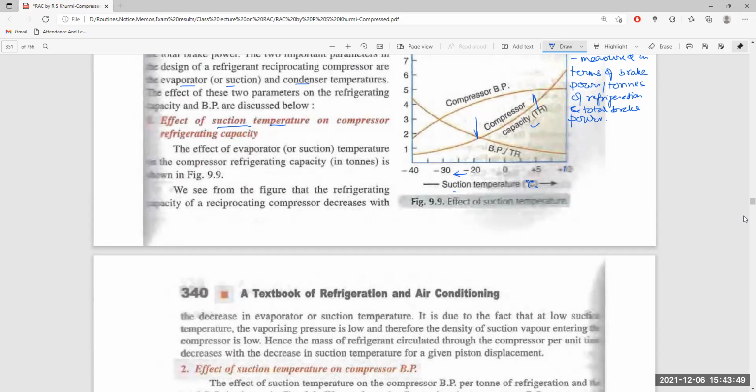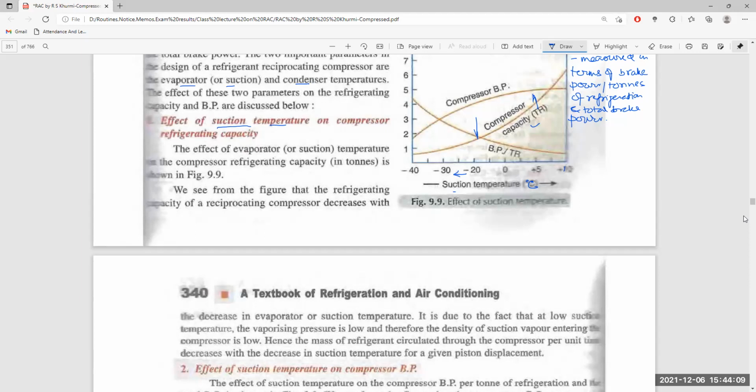Low suction temperature means low suction pressure or vaporizing pressure, and so the density of suction vapor entering the compressor is low. The volume remains the same, the pressure is low, so the density will be comparatively less.